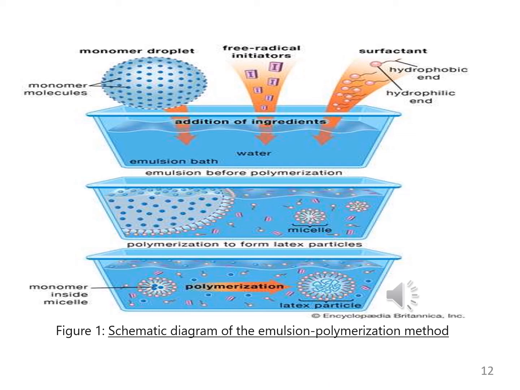Schematic diagram of the emulsion polymerization method. Here the schematic diagram of the emulsion polymerization method is shown. This method is applied for the specific chain growth polymerization.